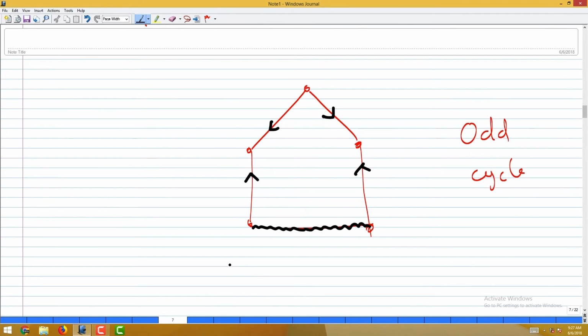Which direction is valid? If I give it this direction, then you see this will be required, but that is not there. But if I had given the opposite direction like this, then this edge will be required, that is also not there, right. Both are not available. So, this cannot be given, that is a conflict.